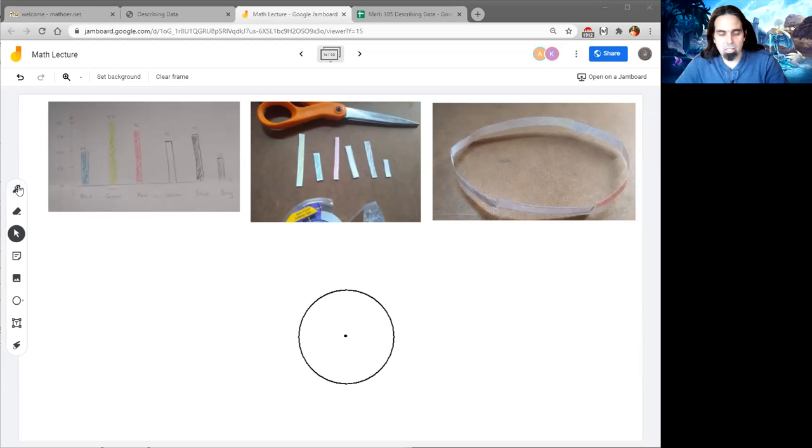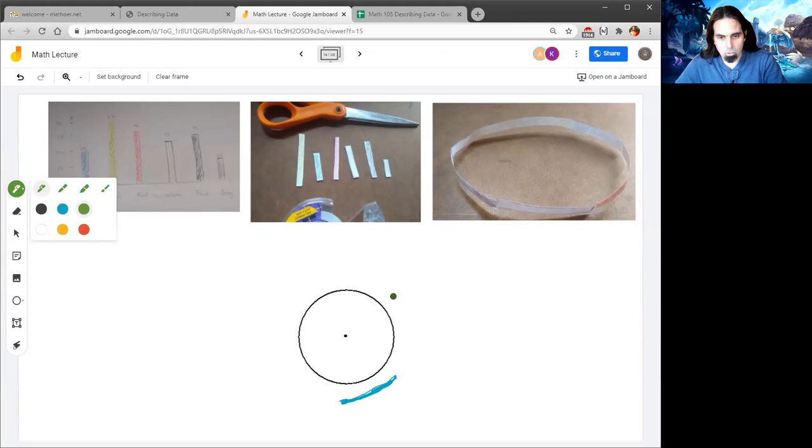So I'm going to pretend that my bracelet is bigger than the circle I draw and say that the first bar that's blue was like this portion of it as I'm drawing on the screen. My green bar was a longer bar. My red bar was not quite as long as green, but almost.